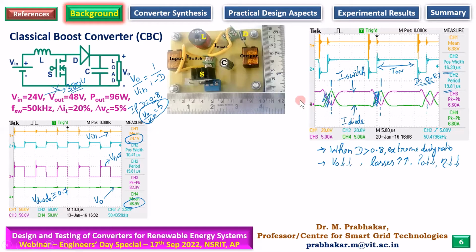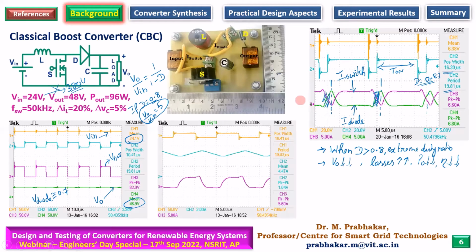Then another problem that we wanted to address is ripple current. Remember, the inductor current will have undulations. It will rise, it will fall. So we have a term called delta I, from the positive peak to the minimum value, you take the difference. That difference in current is called delta IL, the ripple. This you might have come across in Rashid also. Delta IL is given by I max minus I min.